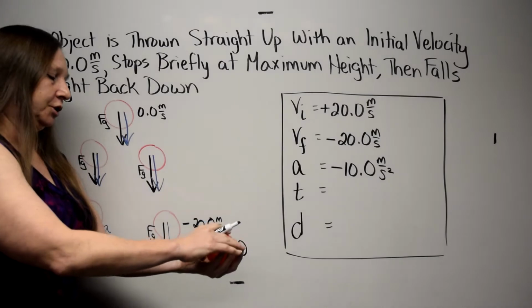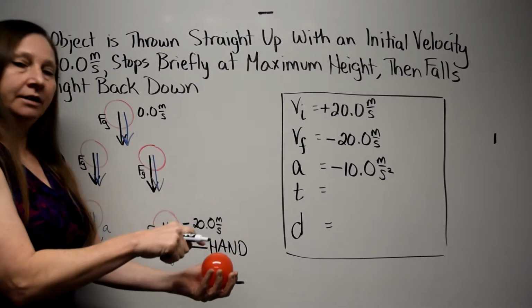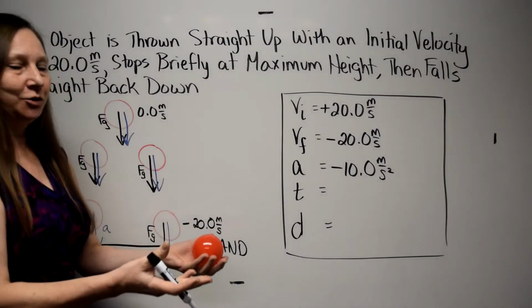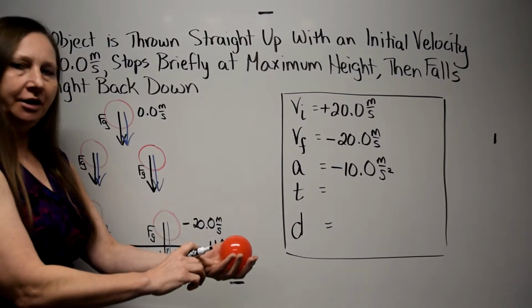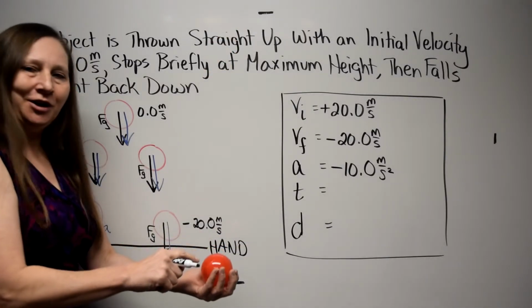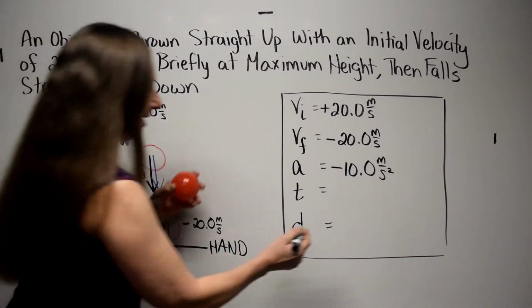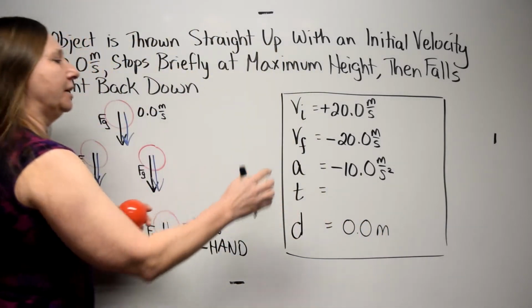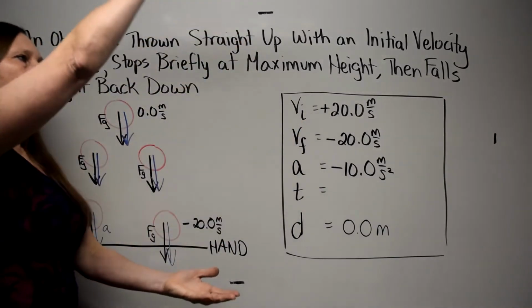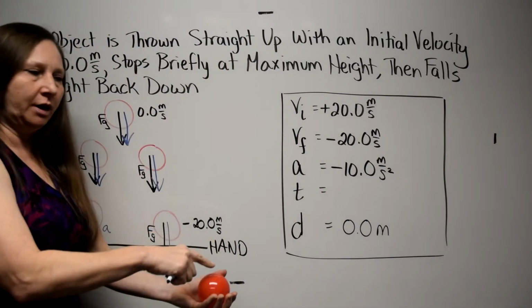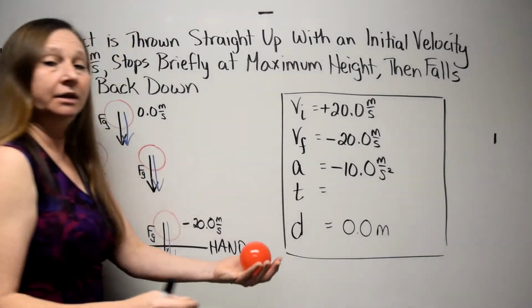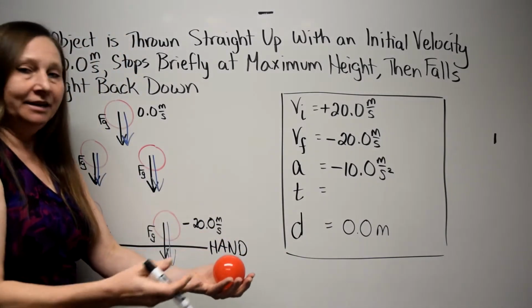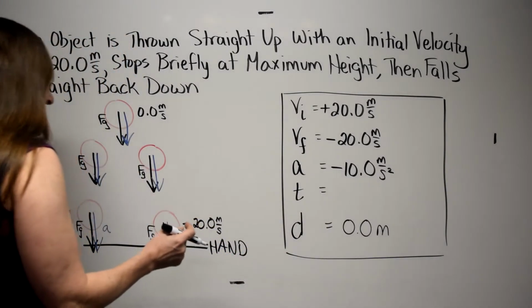So in other words, from start to end, what was the displacement? Well, if it starts here and ends here in the same spot, the displacement is 0. If I start at positive 20, it goes all the way up, comes all the way back down, negative 20. The displacement is 0. From start to end, it hasn't gone anywhere.